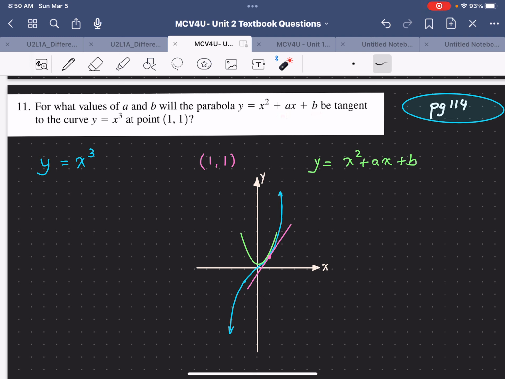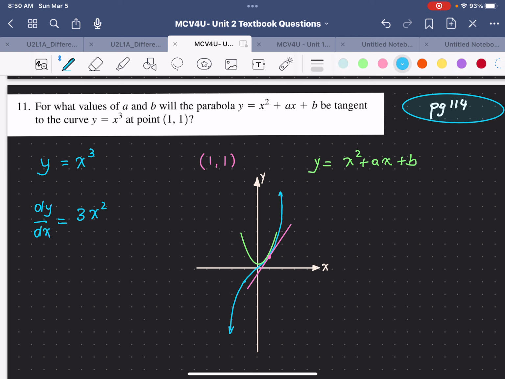Well, first of all, whenever we talk about tangent lines, we're talking about the derivative of a function because it means the same thing. So we're going to start off by finding the derivative of the function y equals x cubed. So dy/dx would be equal to 3x to the power of 2.